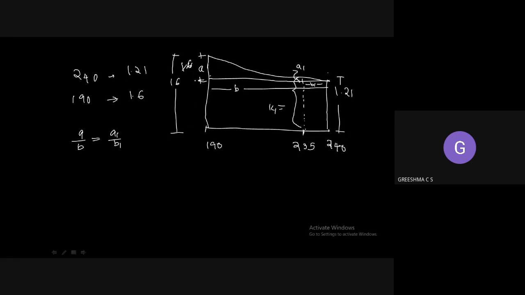So 1.6 minus 1.21 gives you the value of A. Then A is divided by B. B is just this length, where this is 190 and this is 240. So 240 minus 190, divided, gives you this distance. That is how we get the distance.